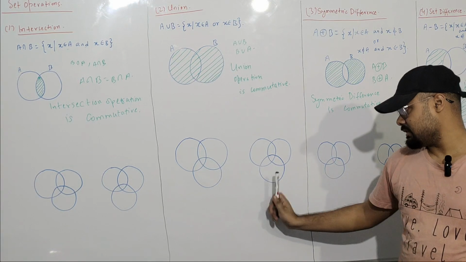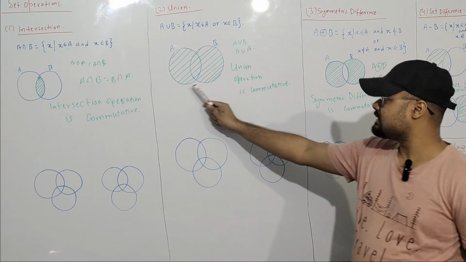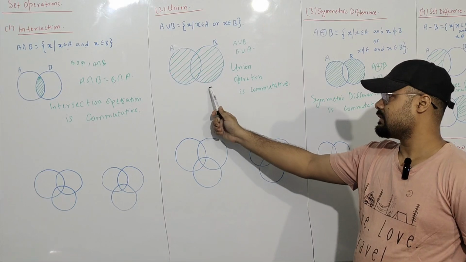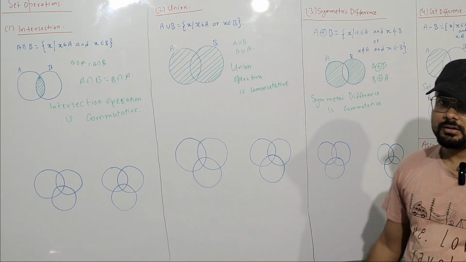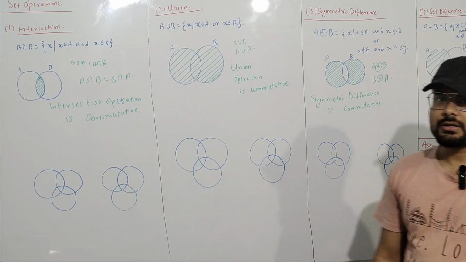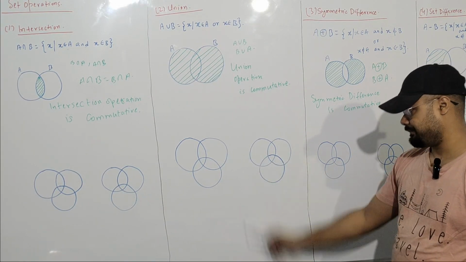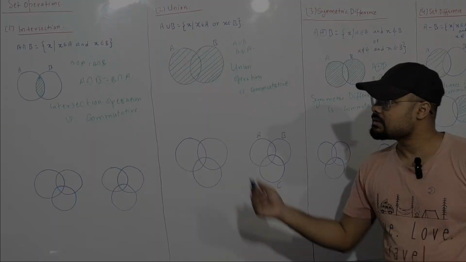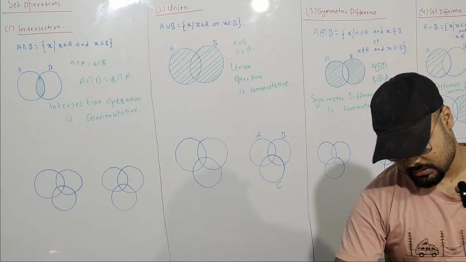If you look at this, these are the three sets A, B, and C. Just as this is the way to represent two arbitrary sets, this is the way to represent three arbitrary sets in a Venn diagram. Now let's look into how the associative law plays out in each of these set operations.